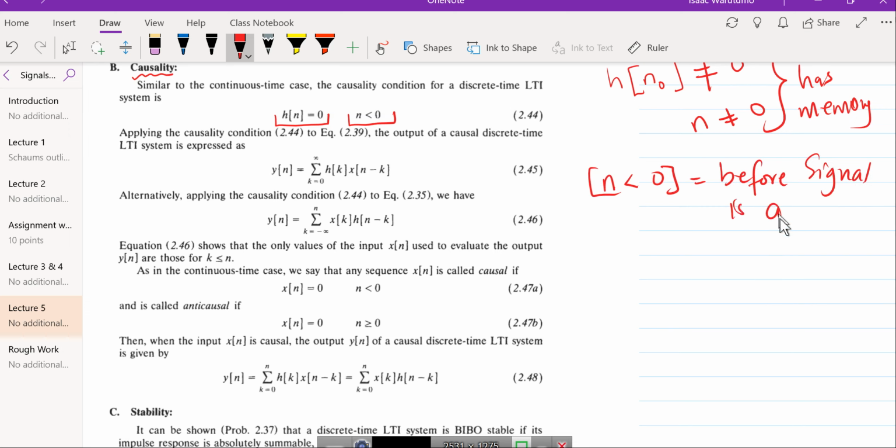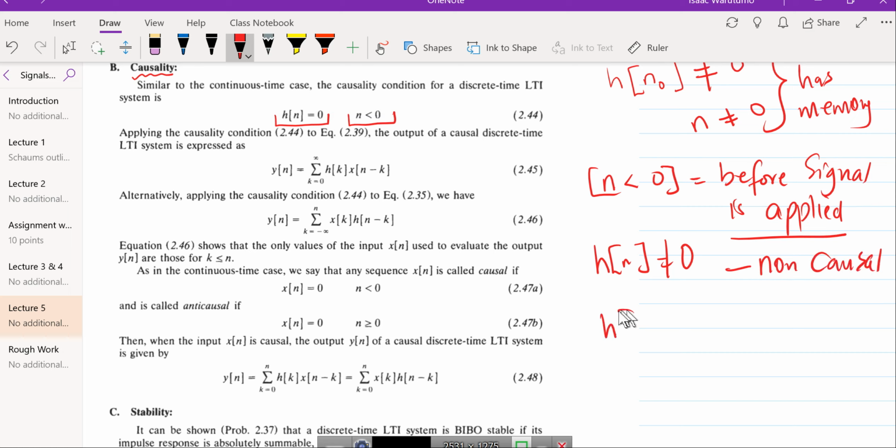So if our h of n has some value that is not equal to 0 before the signal is applied, then we say that this system is non-causal. Otherwise, if h of n is equal to 0 when n is less than 0, then we say that it satisfies the condition of causality, and the system is causal.